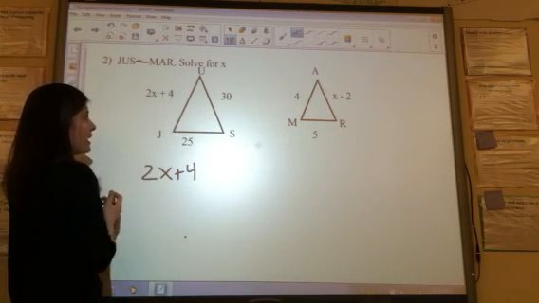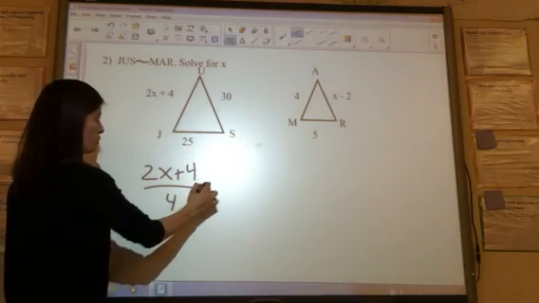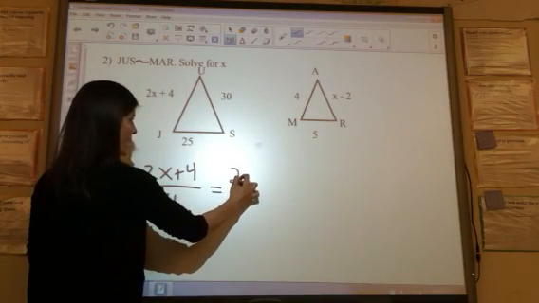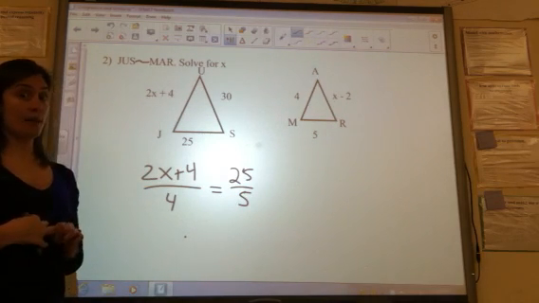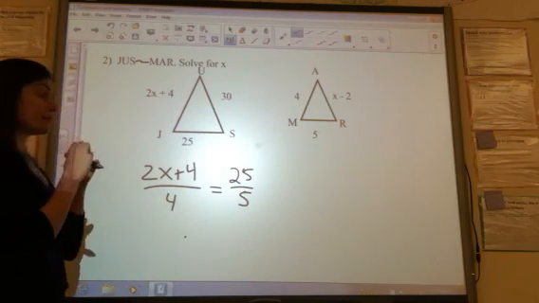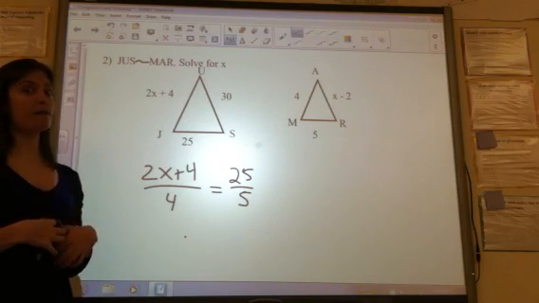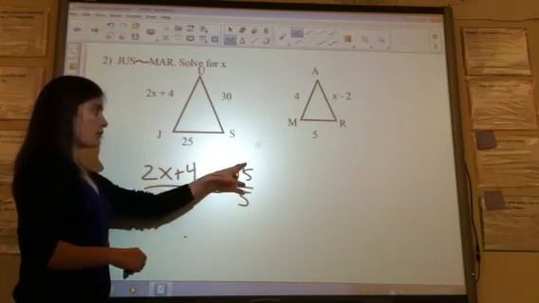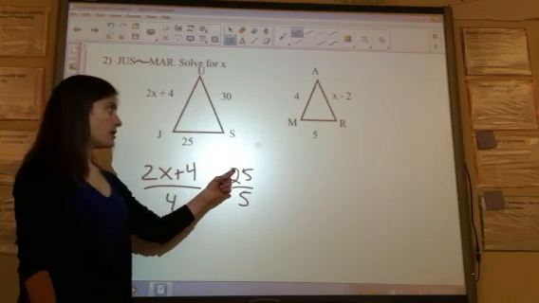So I'm going to say, okay, JU to MA should equal JS to MR. And the reason I'm using JS to MR is because one of the things that you have to make sure of, because of the skills that you have, is that one of your fractions has a number compared to a number.